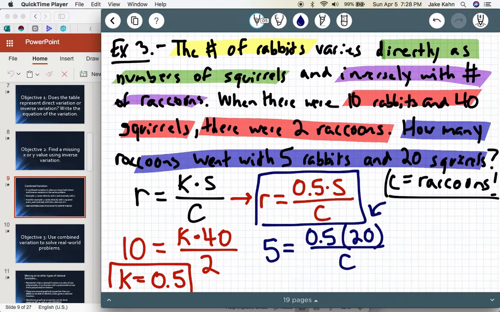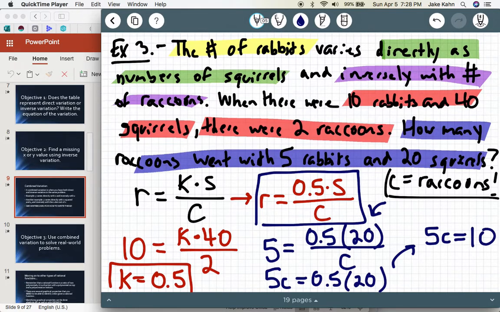The first thing that you should do is multiply by c on both sides. We will get 5c equals 0.5 times 20. On that right side, 0.5 times 20 is 10. So we have 5c equals 10.